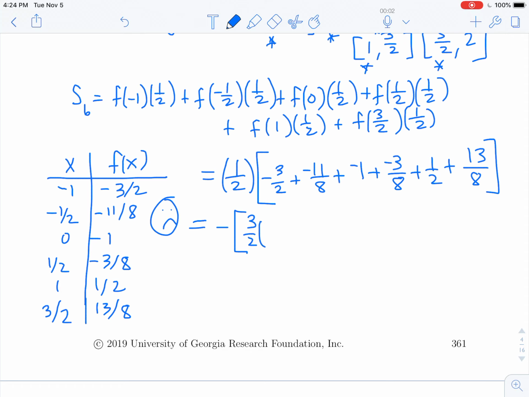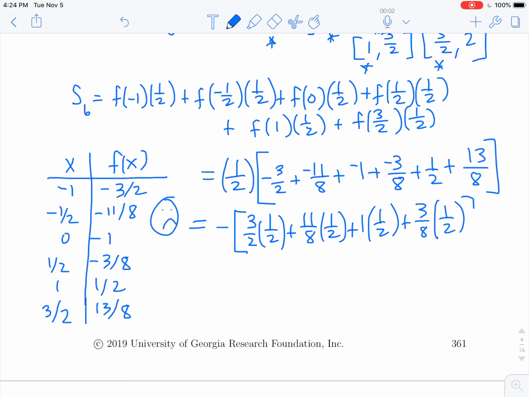So 3/2 times 1/2 plus 11/8 times 1/2 plus 1 times 1/2 plus 3/8 times 1/2, and then plus 1/2 plus 13/8. So do you believe me that this is really the same thing as what we had before?